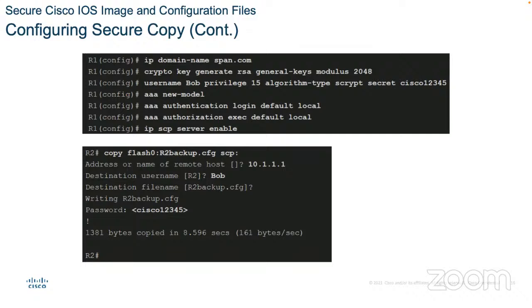You would have to set a new model and define who can access it, and then enable the SCP. And then should this issue happen of losing your configuration, you could bring it back. So in case, for whatever reason, the local storage on the router gets corrupted, you have another copy and you can upload.